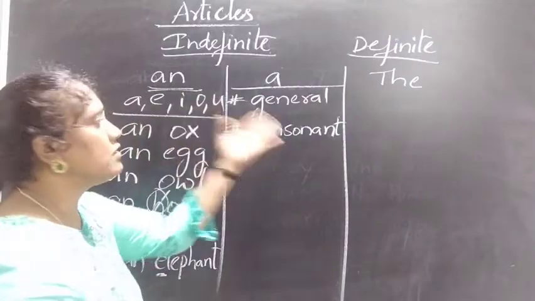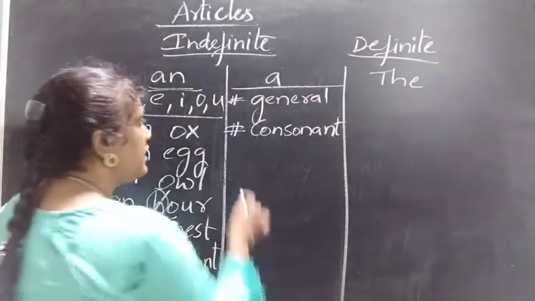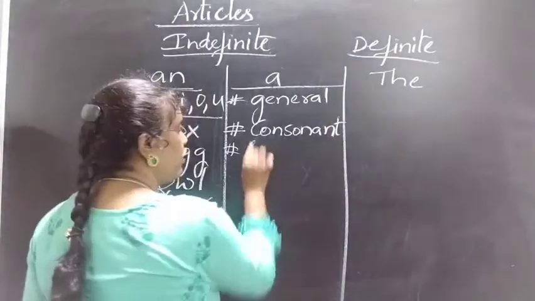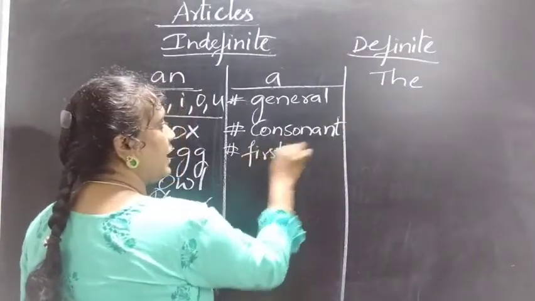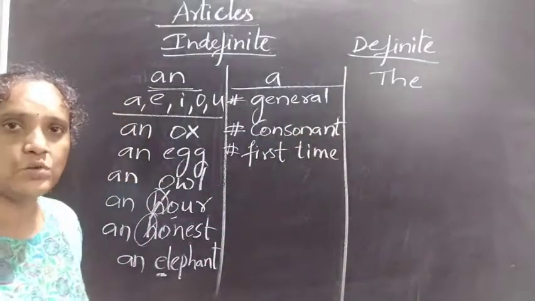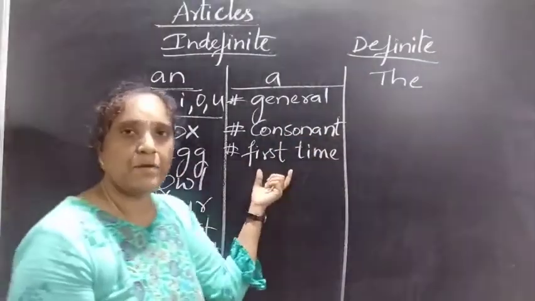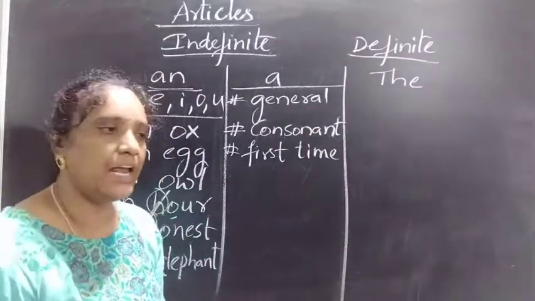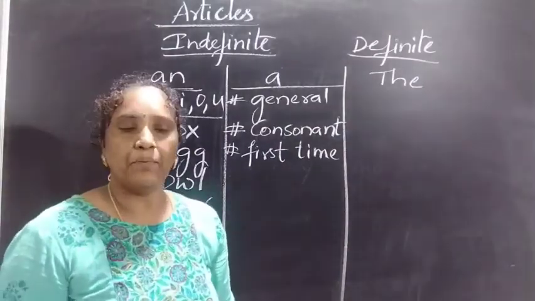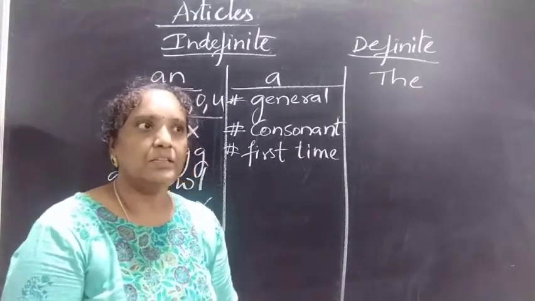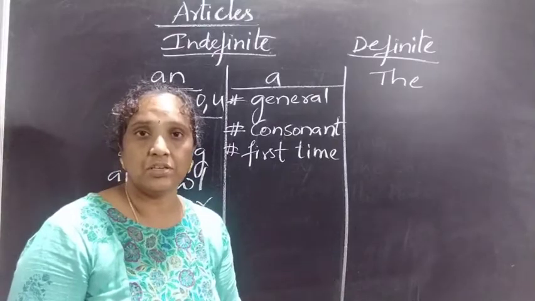Other than vowels, all are consonants. Also, if you are using it for the first time, then also we can use a. For example, for the first time I am talking about a person who came into my room. I am saying, I saw a boy. The first time I had seen him. The boy is really very good.